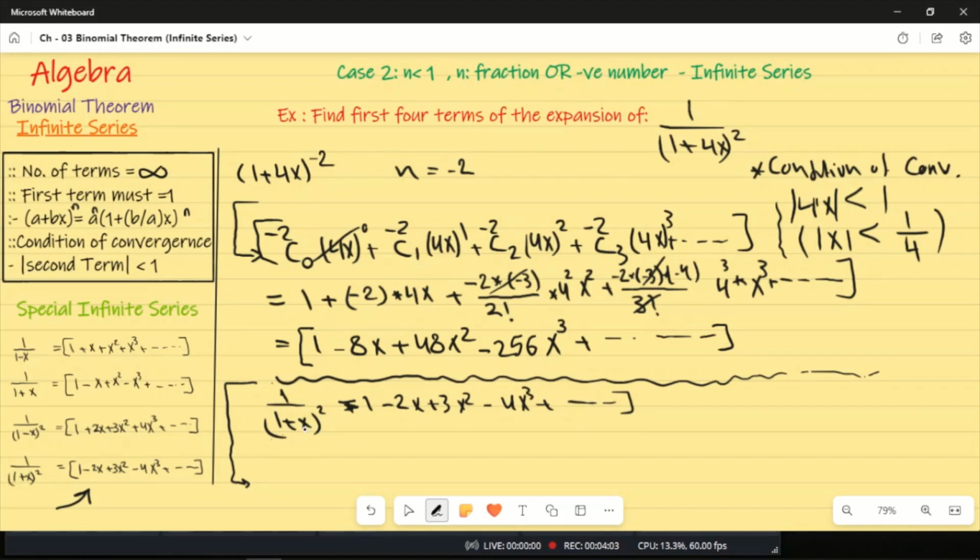Here we don't have x, we have 4x. So in this expansion, just replace x by 4x.